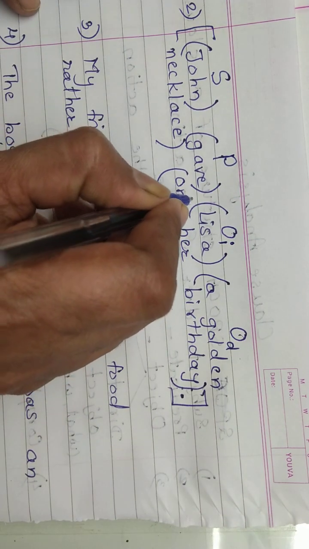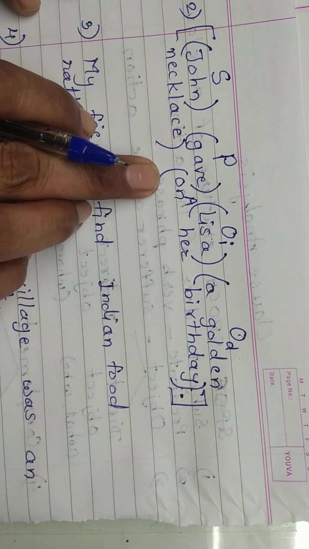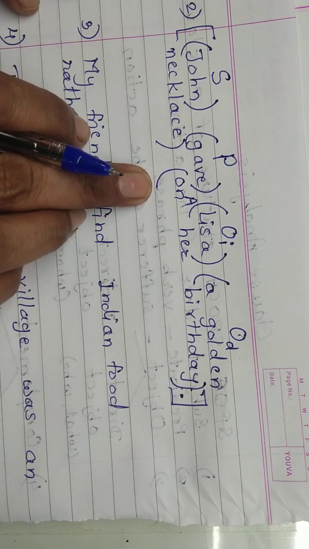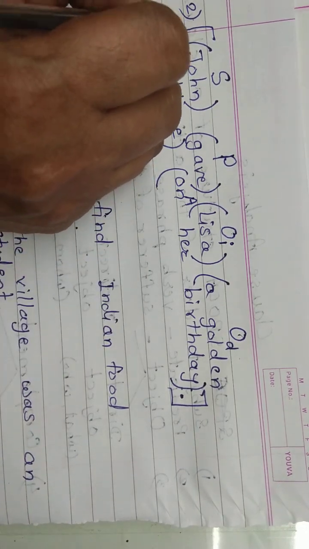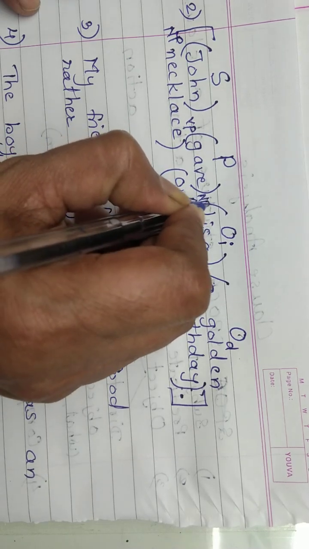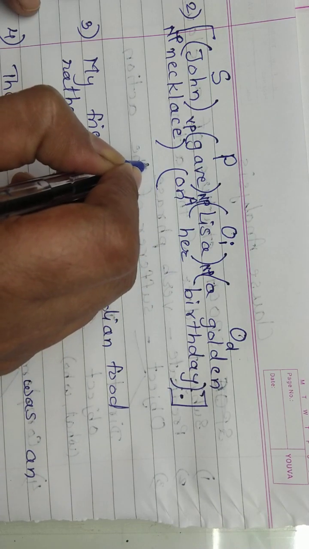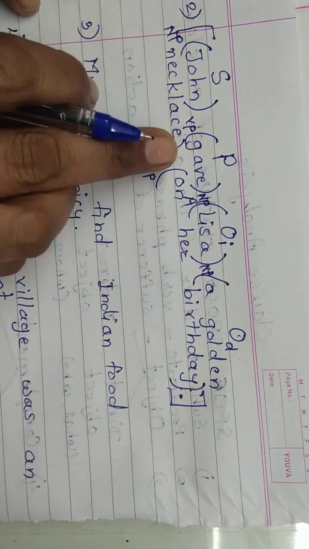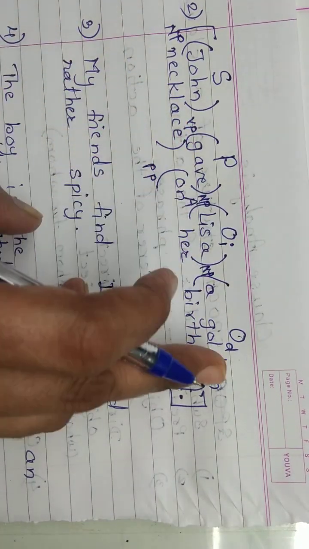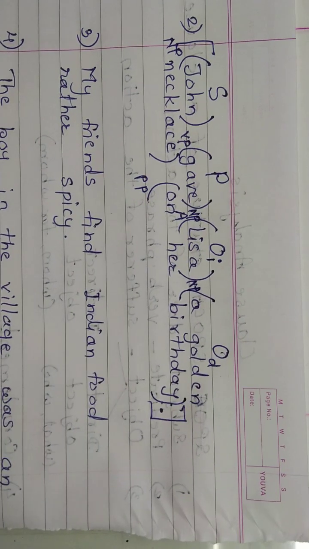On her birthday is an adverbial. A prepositional phrase always acts as an adverbial. John is a noun phrase, gave a verb phrase, Lisa a noun phrase, a golden necklace a noun phrase, on her birthday a prepositional phrase. So SPOIODA. This is how it goes.